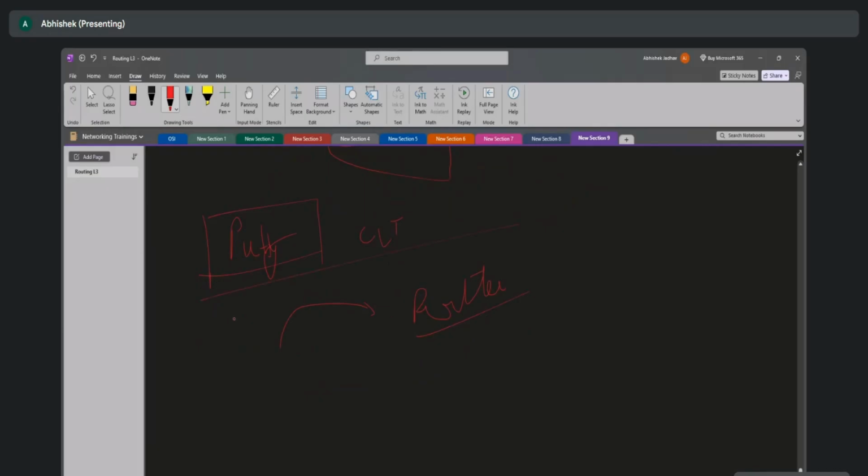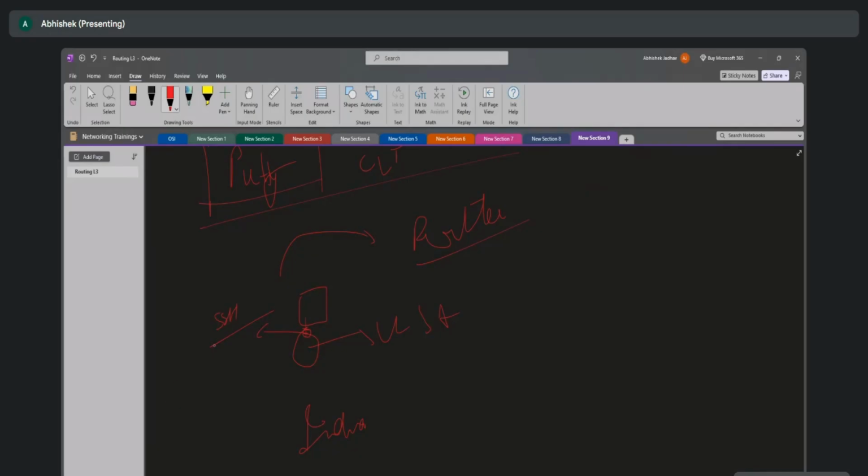The reason being that the router will be somewhere in the United States and you are sitting in India. How will you log into the router from India? This router will be connected to the internet, and it will have an interface which will accept SSH connections, secure shell.